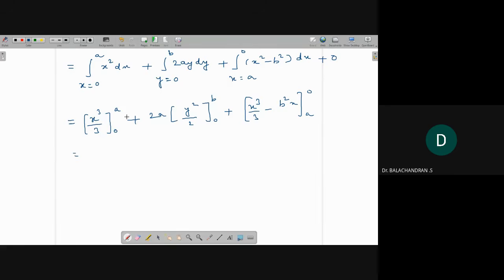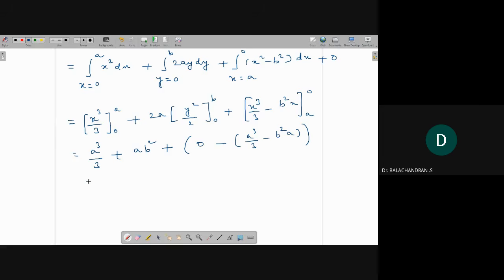So upper limit is a cube by 3, lower limit is 0, plus 2 gets cancelled, a into b square minus 0. Plus here the upper limit is 0, minus a cube by 3 minus b square into a.